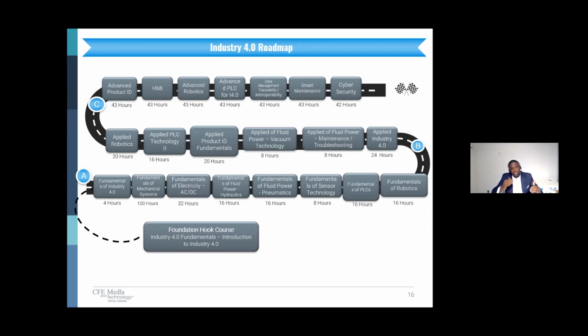But as you start to get up to the top here, this is where you want to make sure that your program is stackable and that you are leading the students to the point where they understand more around cybersecurity, smart maintenance, data management, traceability, interoperability. So always ask yourself, is my program building students up to the point where they are able to operate within that environment?